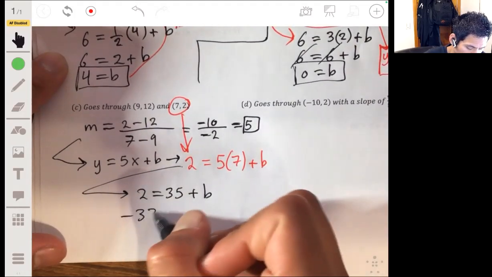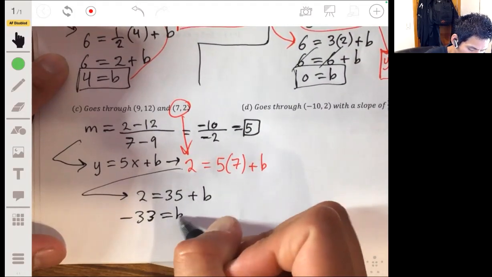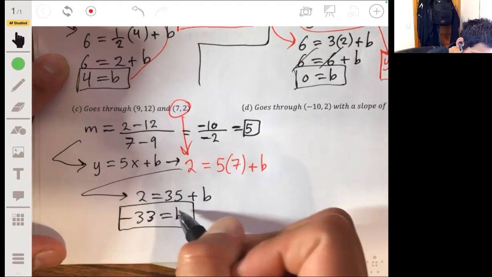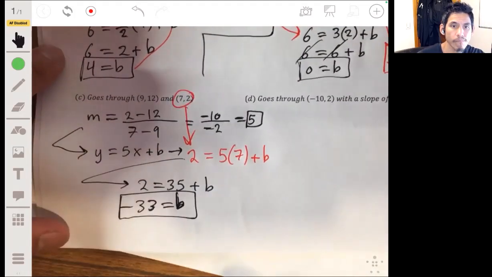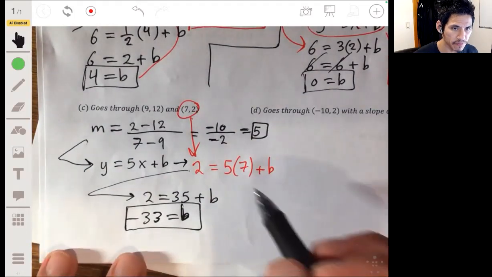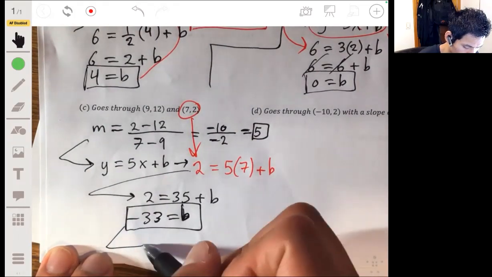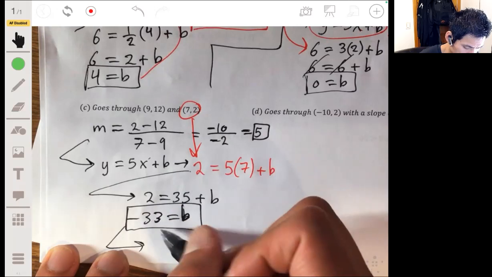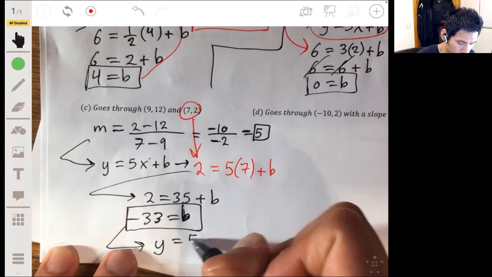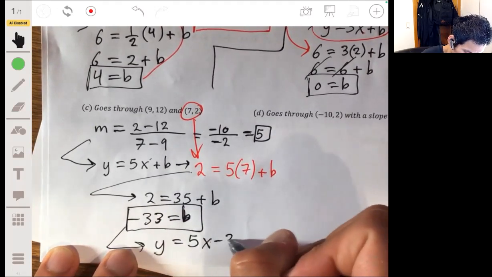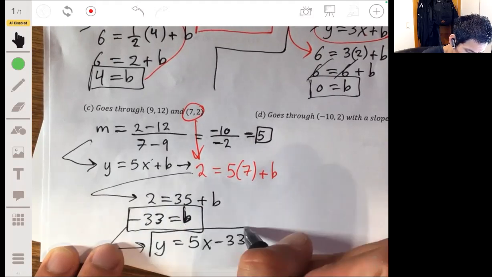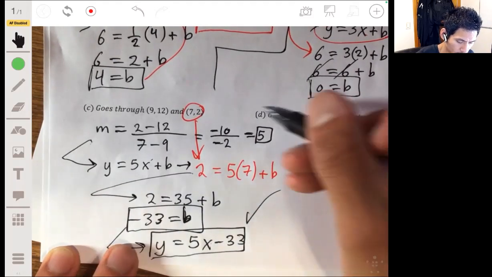And then b will be negative 33. And then my equation for y is just replace the b with negative 33. y equals 5x minus 33.